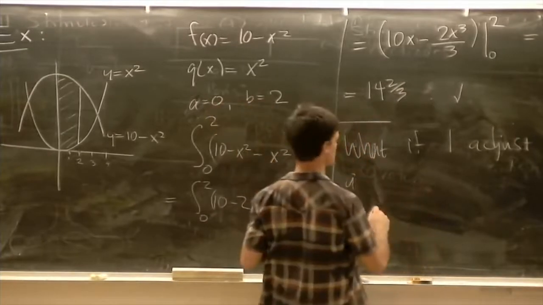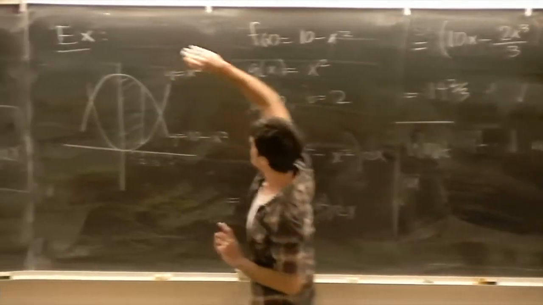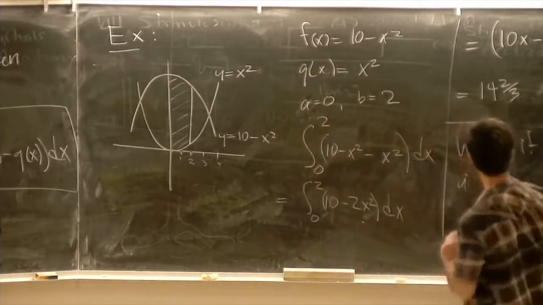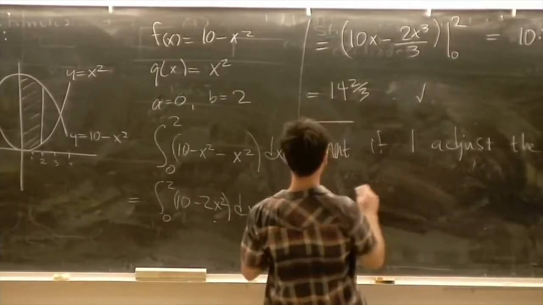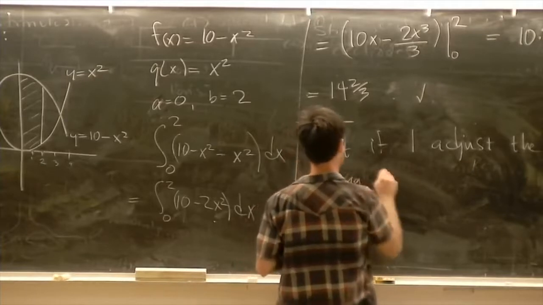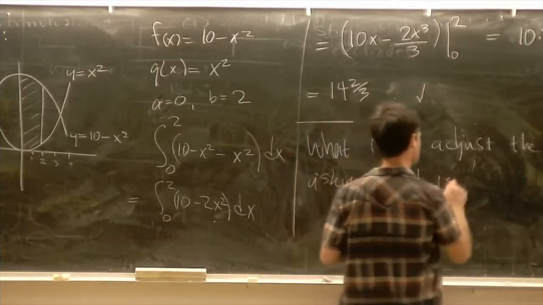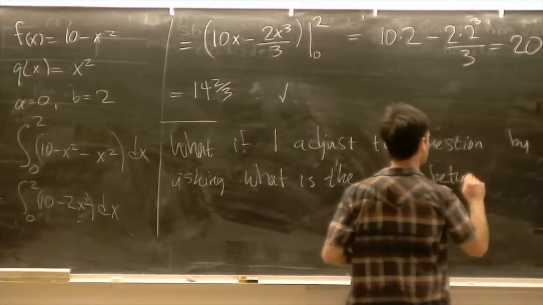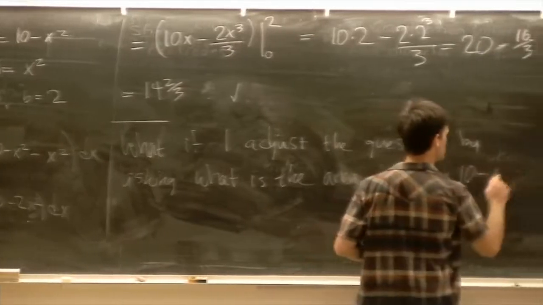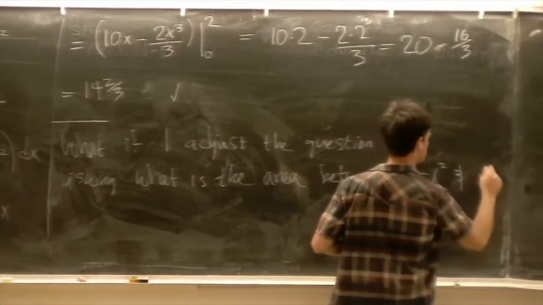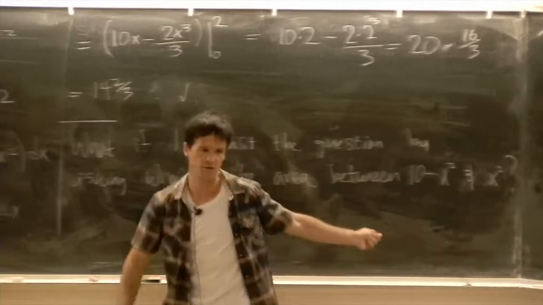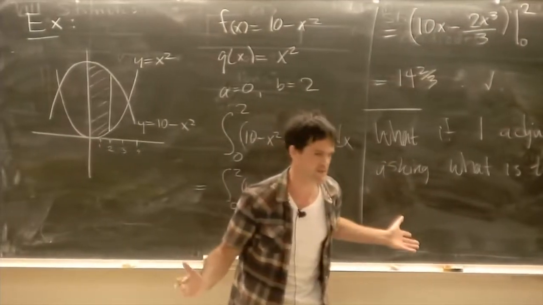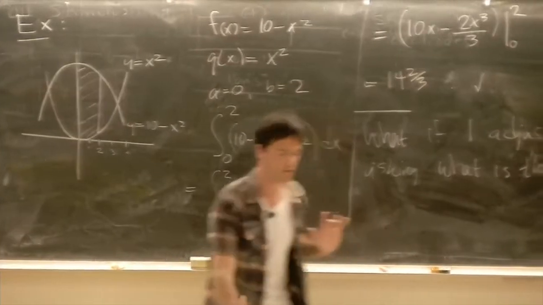Those were kind of artificial. Now I just want the area between this curve and this one, the area that's trapped between the two of them. So the only difference in this new example is that I'm not specifying the two endpoints, a and b, anymore.